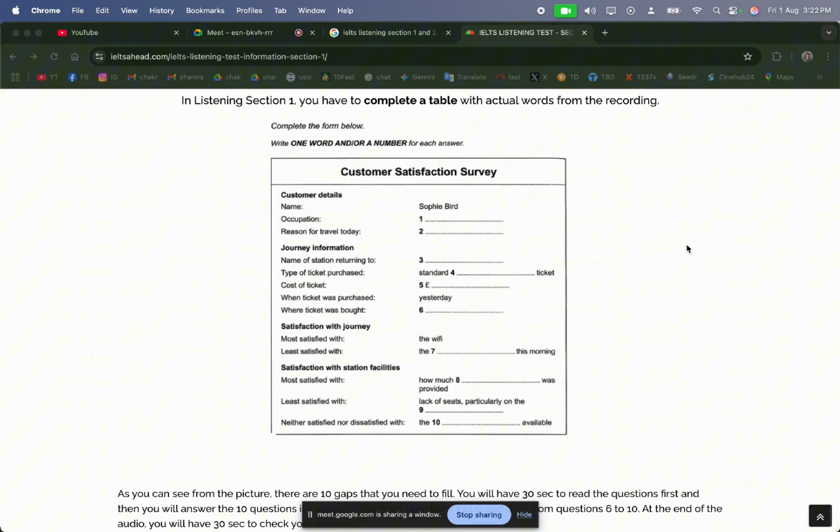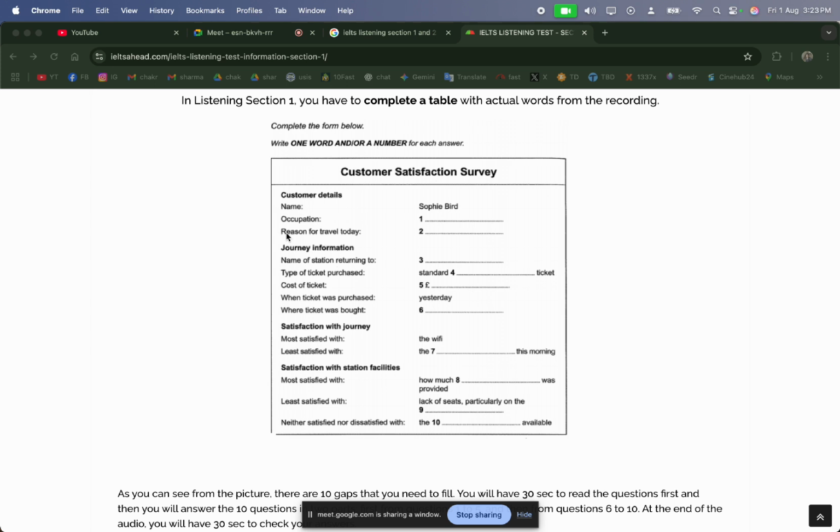Okay, so see, customer satisfaction survey. Maybe the individual went somewhere. The first thing they ask the person is his or her name. Her name is Sophie Bird. Then occupation, what he or she works in. Reason for travel. As we said, you can go to a travel agency.